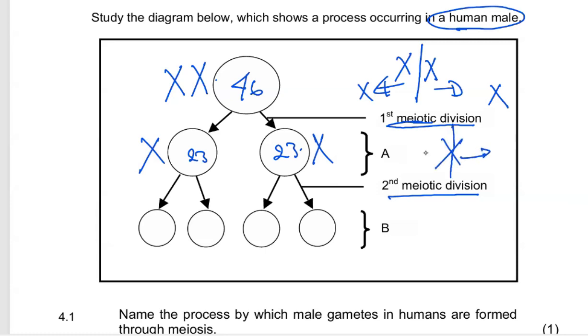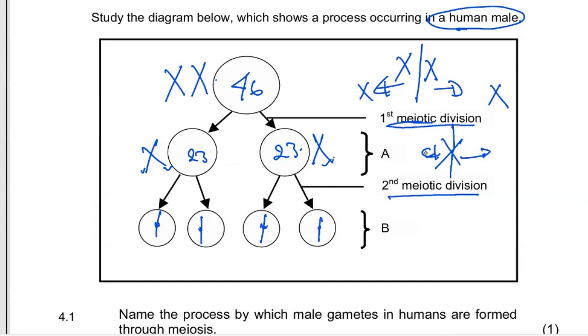Now, when it reaches here, meiosis 2, it splits, so that one side goes this side, another side goes this side. One of this goes there, one of this comes that side. And then if you come here, one of it comes there, and one of it goes there.